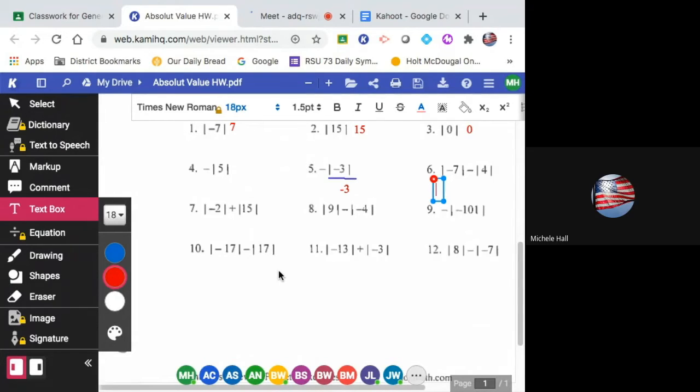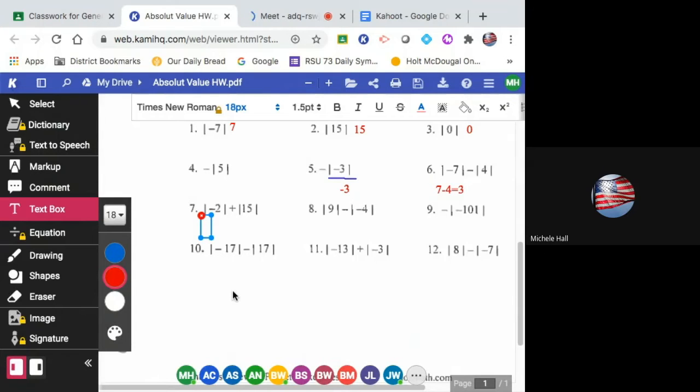And then I put minus because that's what's in the problem. What's the absolute value of 4, Jaden? It's 4. Am I done the problem? What do I do? Got to finish it. 7 minus 4 is 3.